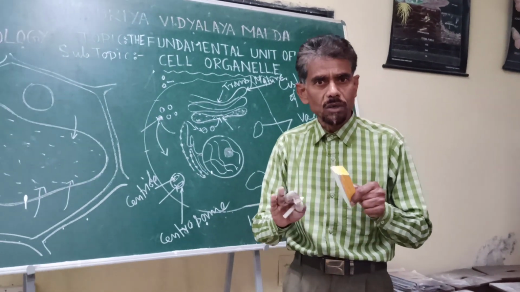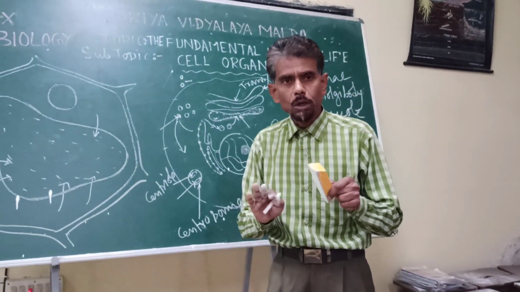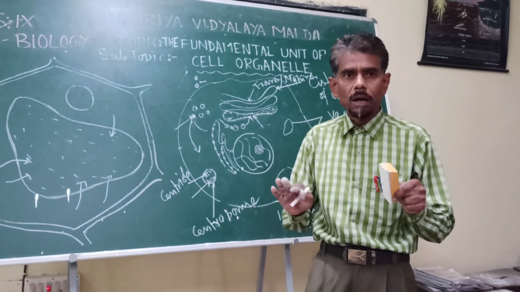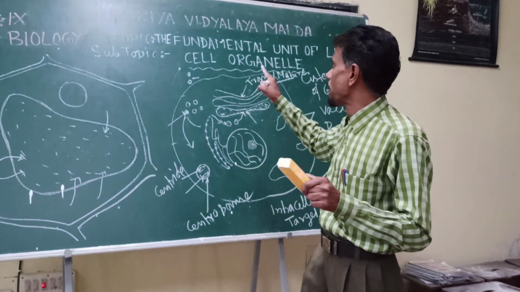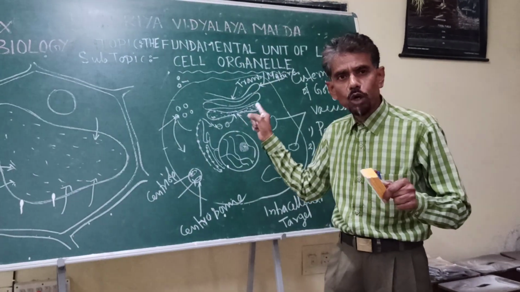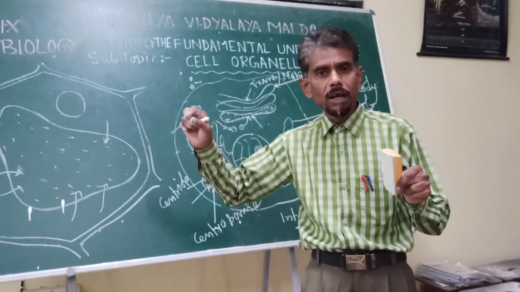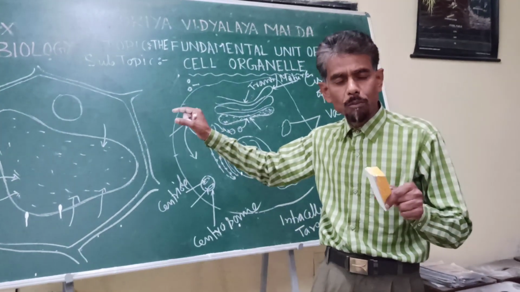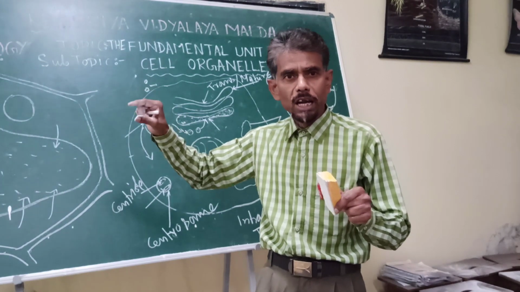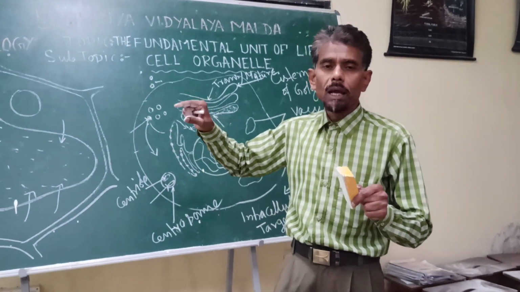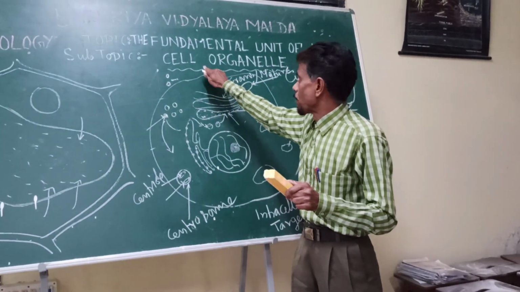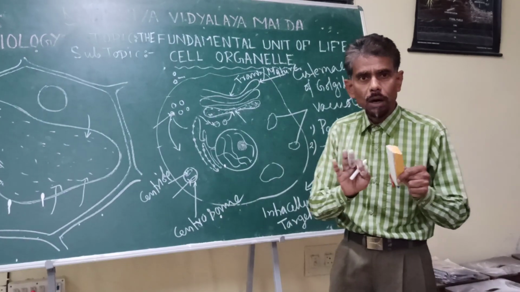I have discussed in detail. I hope you got a very clear concept about this topic, the fundamental unit of life. We have divided it into different subtopics and different headings. Today I have discussed the last left out part of the cell organelles.